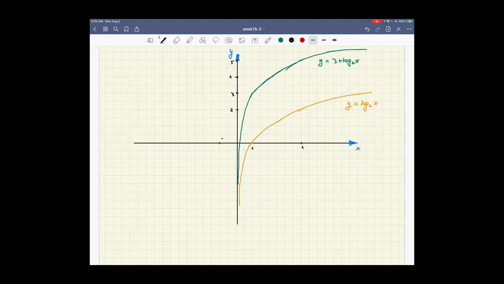So that'll be a graph whose vertical asymptote is x equals negative 3.